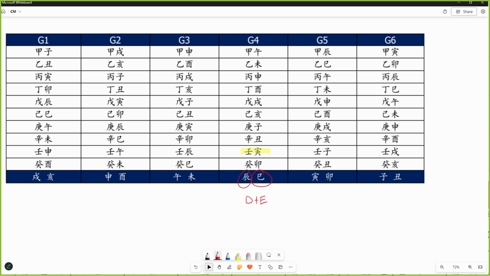If a person is a water pig, what is the death and emptiness? Okay, if it's a water pig, then we find that it is the rat and the ox. For a person whose day pillar is water pig, the rat represents the emptiness and the ox represents the death. So therefore, death and emptiness.